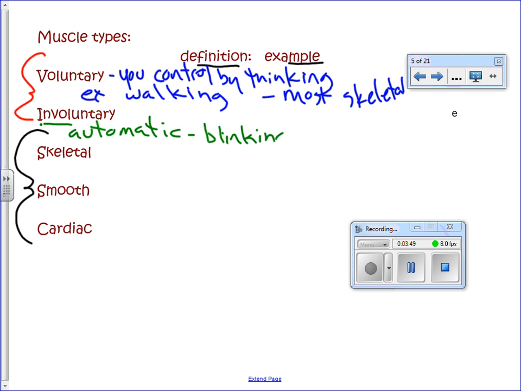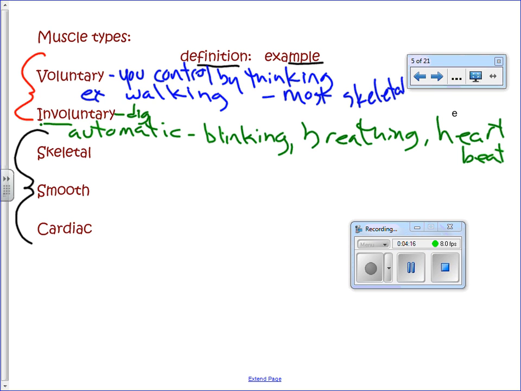Blinking, breathing, your heart beating. And what about smooth muscle? Voluntary or involuntary? I think all of the smooth muscle is involuntary. So digesting, all of the smooth muscle.